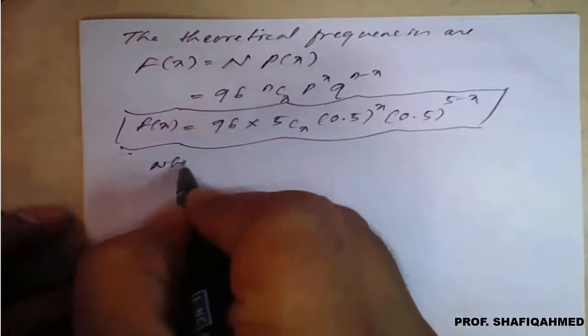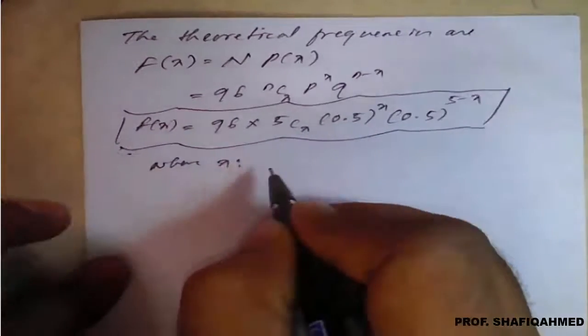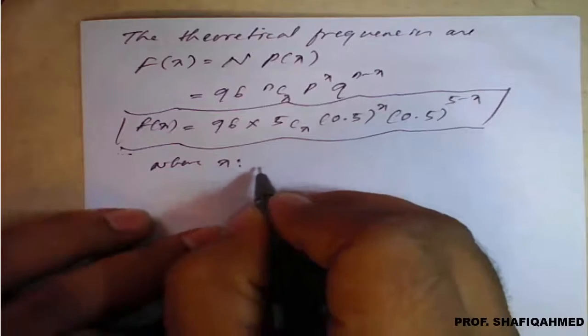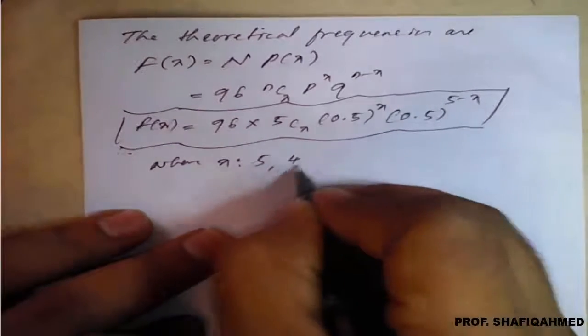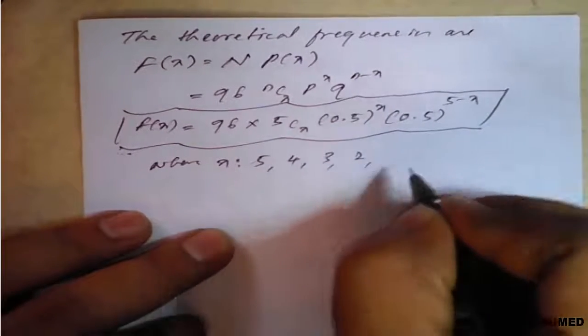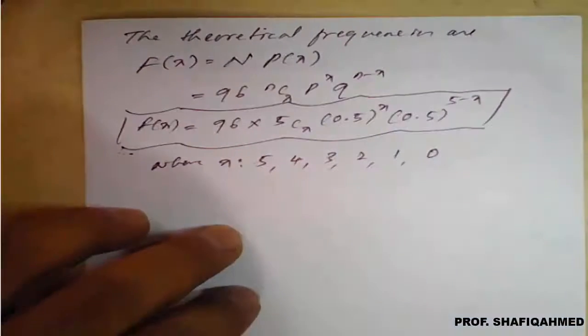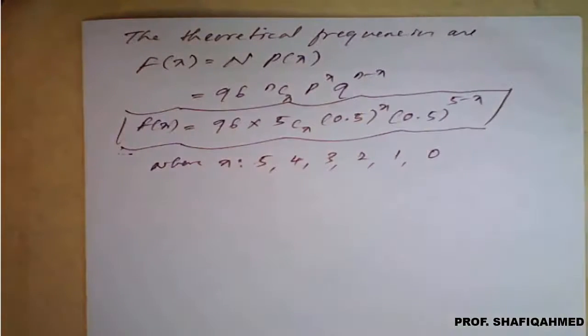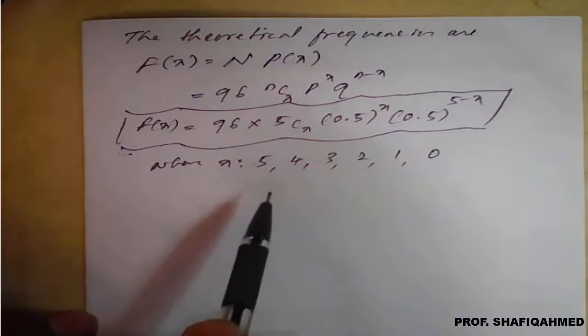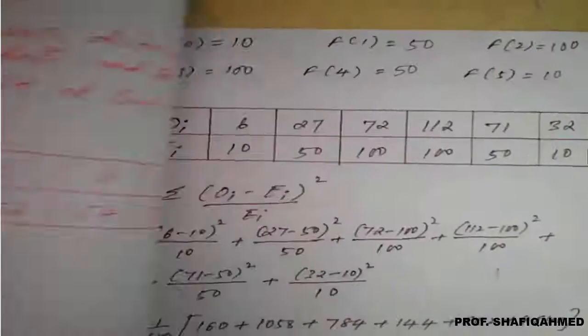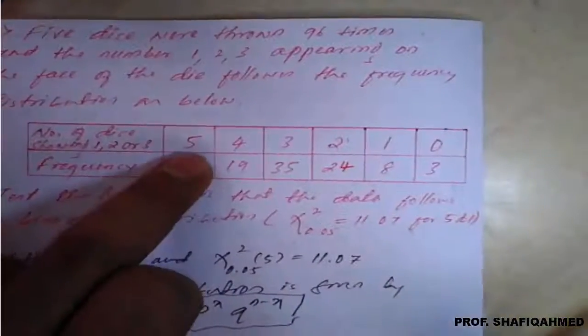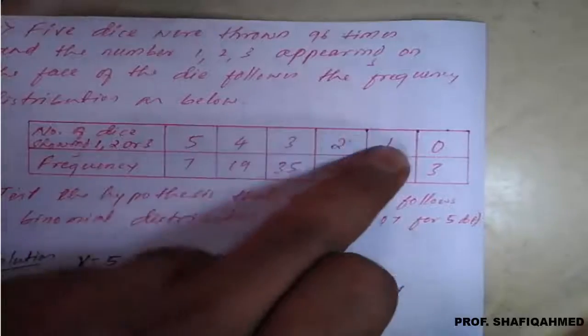Where x will take, as per the table only, 5, 4, 3, 2, 1, 0. We'll take as per the table only, because the table has started the value with 5. You just see the table value: 5, 4, 3, 2, 1, 0.